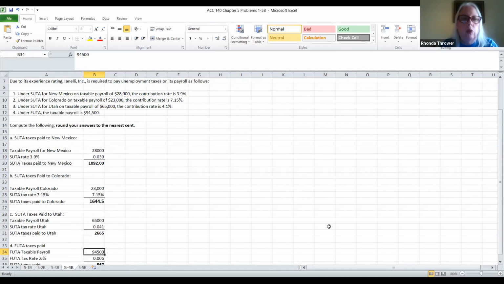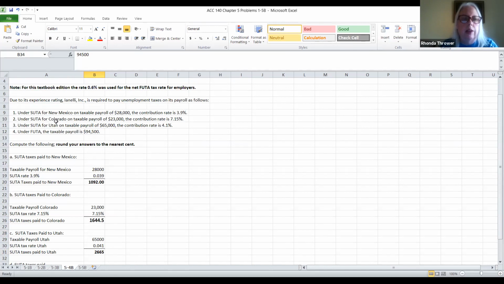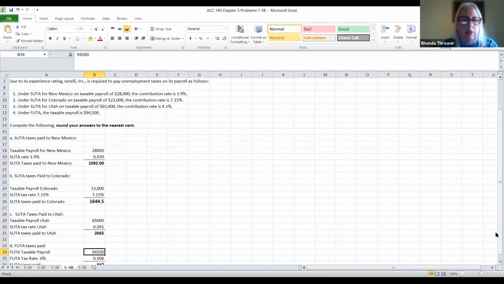So this was just showing you a company that was located in several states, and you have to pay the state unemployment tax based on the rate that the state has assigned to you. And again, you can look at your chart to see what your rates are in case they don't give you the rates. In most cases, they're going to just give them to you.